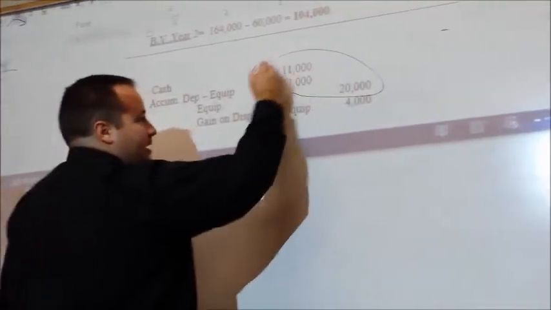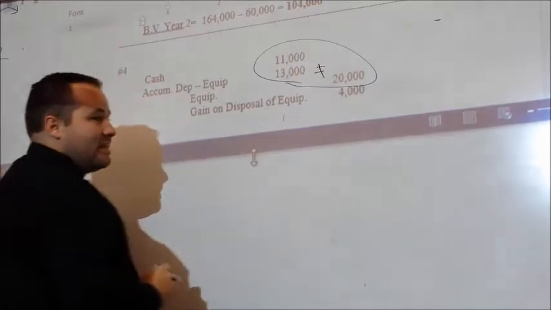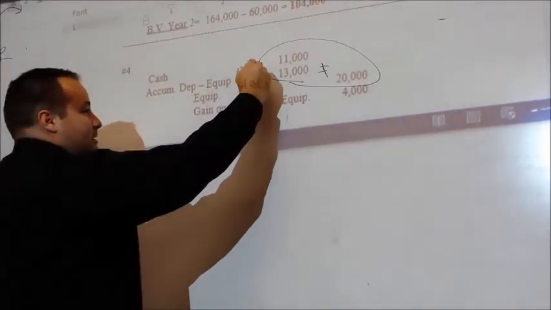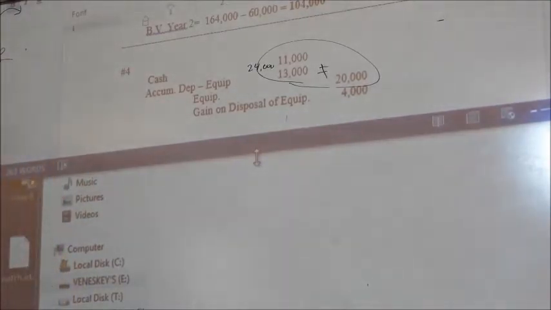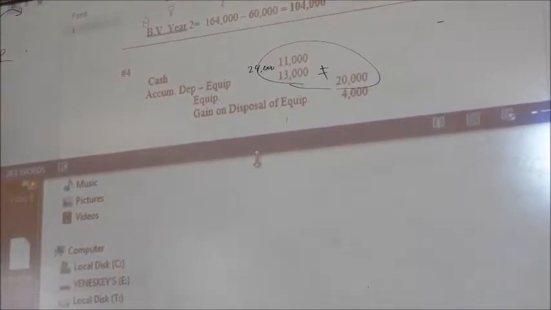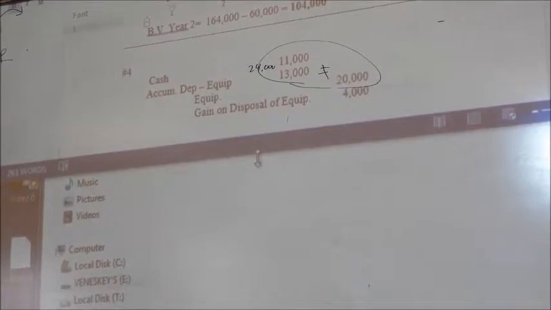And if you would have stopped there, this doesn't equal. 24,000 debit doesn't equal my 20,000 credit. So we offset that, showing that we had a gain. I brought in more money than it's worth on my books.